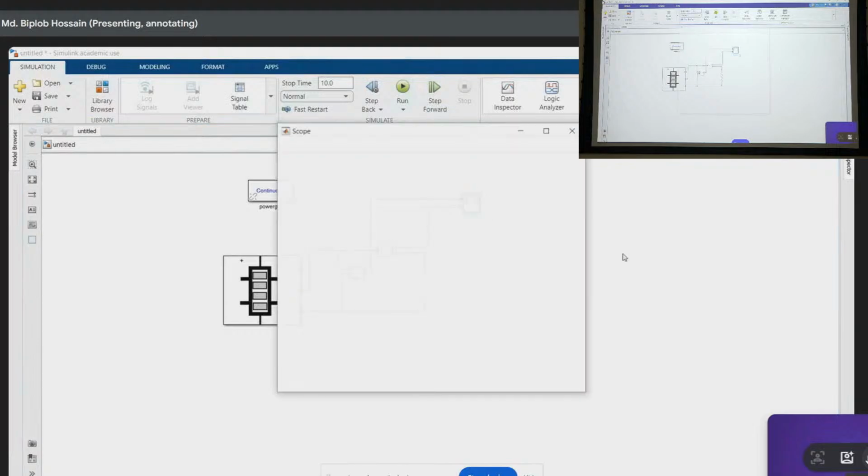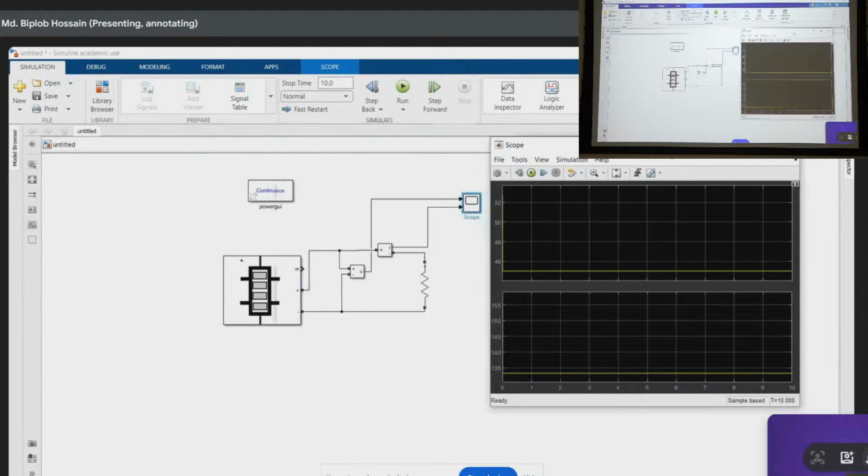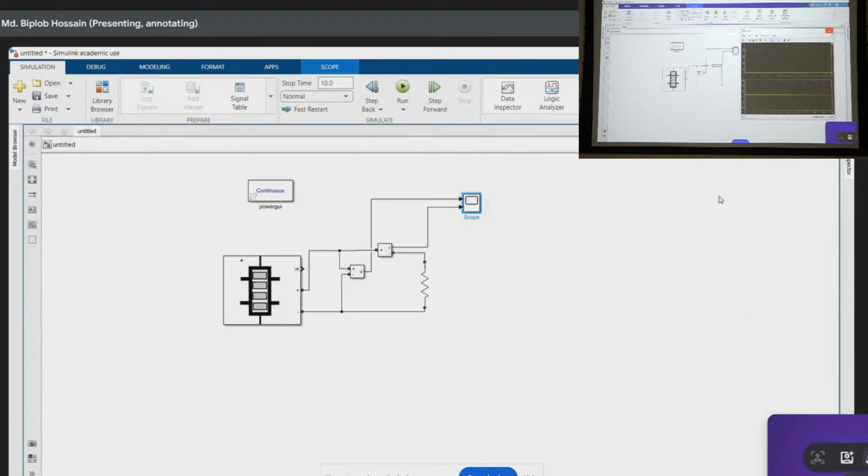If we see, it's almost 45 volts in the measured voltage, and the current is 133. If we want to make it bigger, it's the same value. That means the value we are inputting here, 133.3.